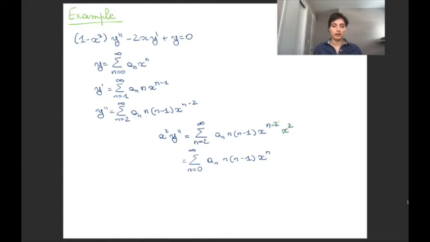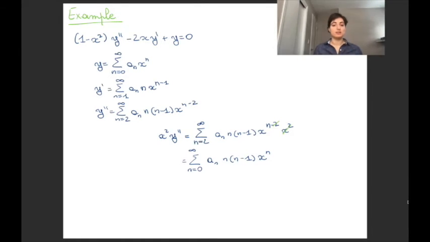We also would like our sum to start at n equal to 0. Is that a problem? It's not, because n equal to 0 makes our coefficient equal to 0, because we have a_n times 0 times n minus 1. n equal to 1 also makes our coefficient equal to 0.